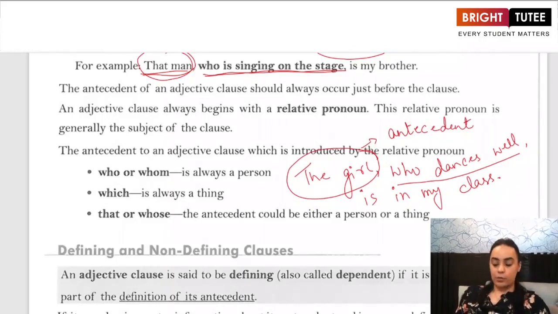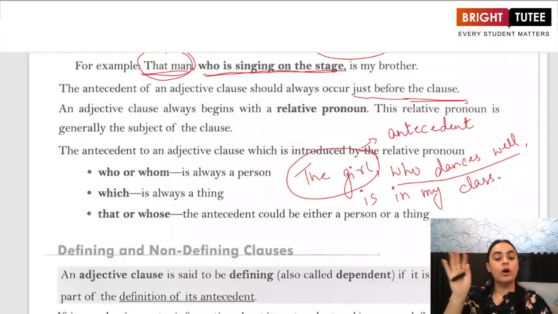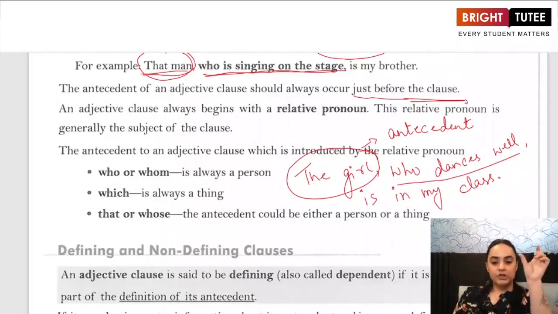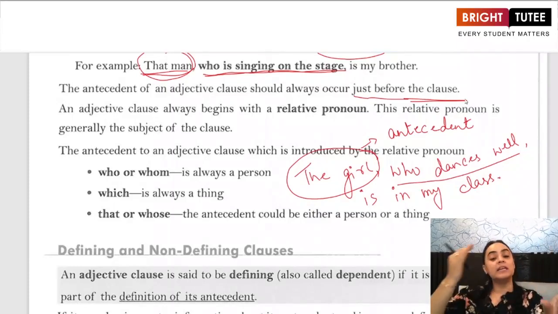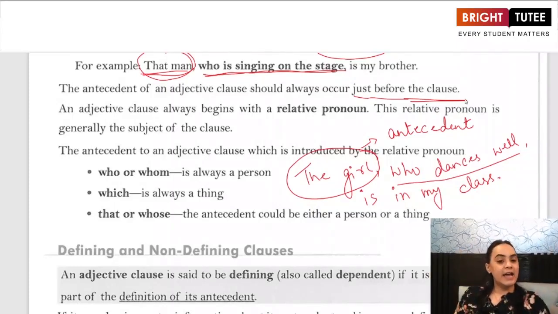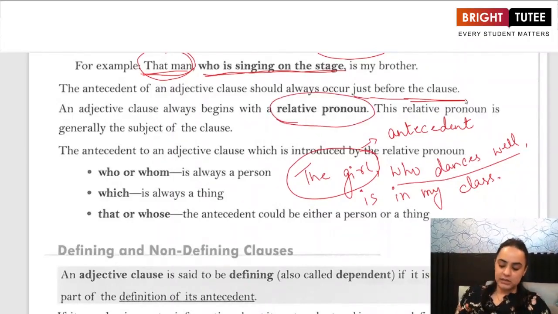Now, the antecedent of an adjective clause should always occur just before the clause. There should not be any word between them. It should be a noun immediately followed by the adjective clause. Also, an adjective clause begins with a relative pronoun.